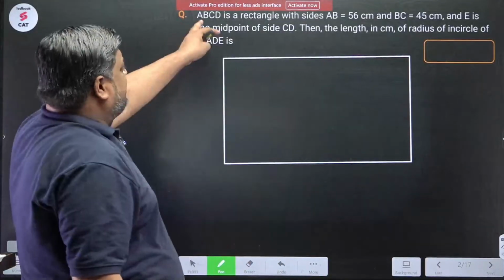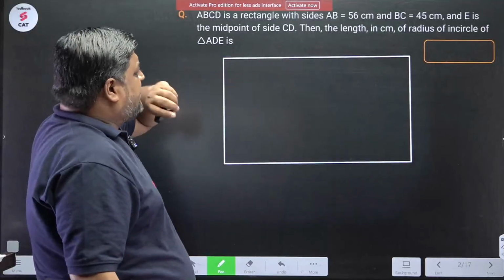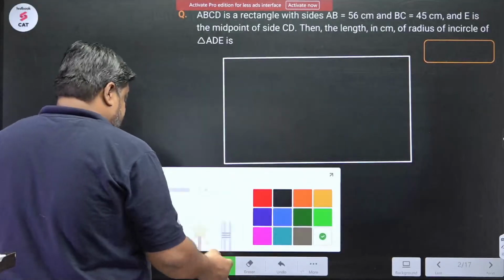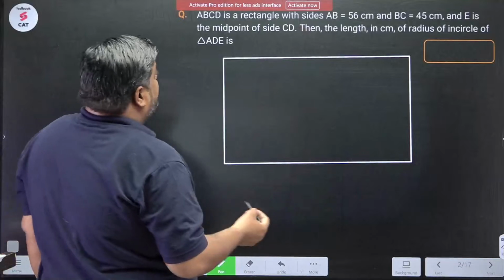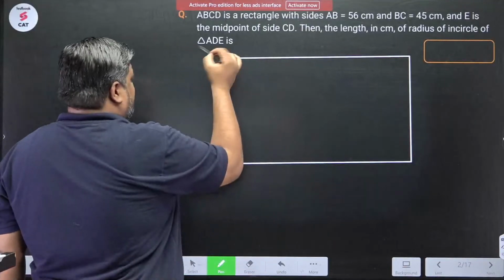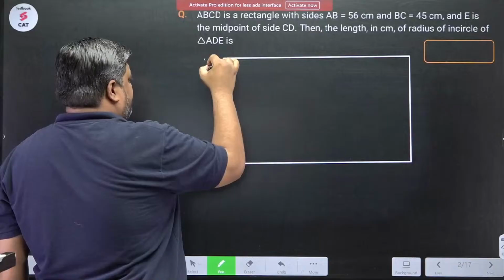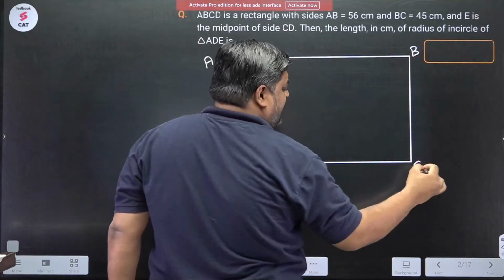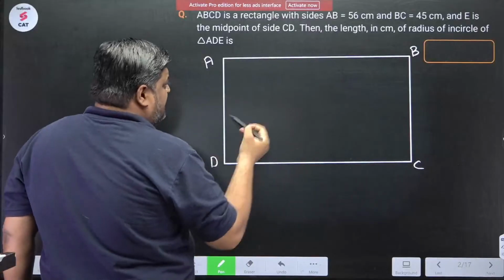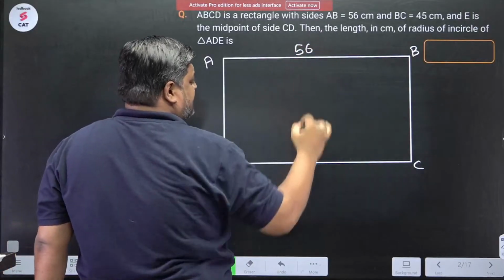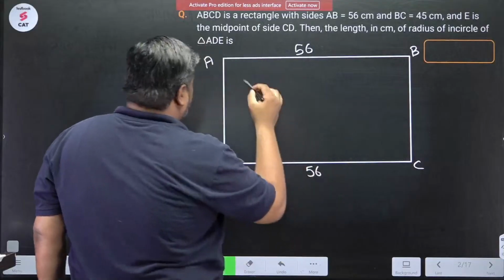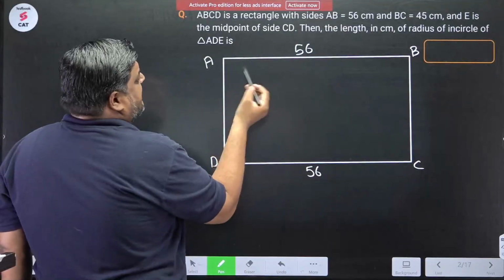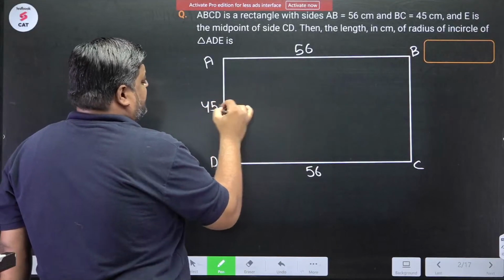There is a rectangle ABCD. We have drawn the rectangle, the sides of which are 56 centimeter and 45 centimeter. Let the rectangle be A, B, C, and D. These sides are 56, and AD and BC are 45 each.